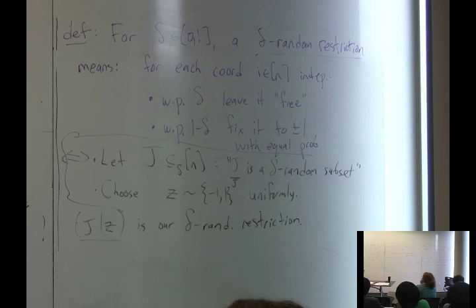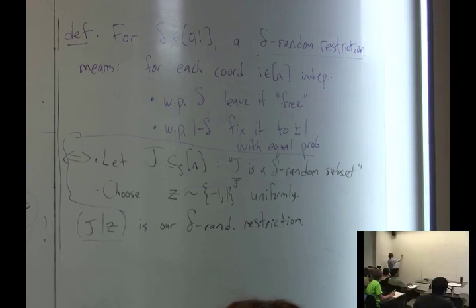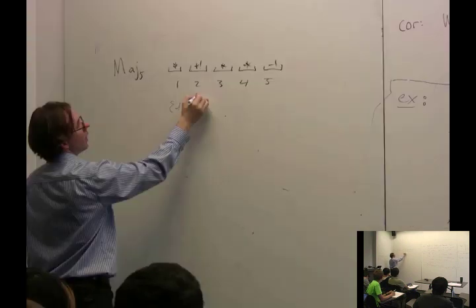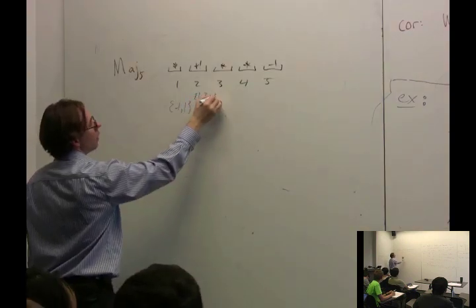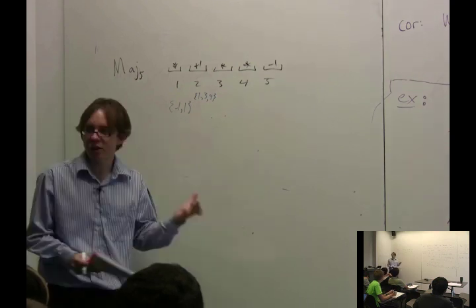Okay, one more thing notationally before we do a little math. This is our restricted function, f sub J bar Z. And here's an example. The new domain of this function is minus 1, 1 to the set 1, 3, 4, which is very annoying, because it's annoying when the domain of the restricted function is a random variable.